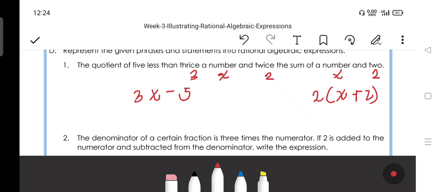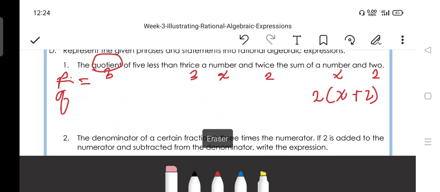And we have another one here, quotient. When we say quotient, that is division. It is always in the form of P over Q. So P here is 5 less than thrice a number, which is 3x minus 5.